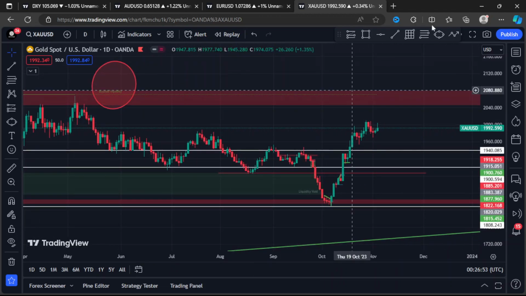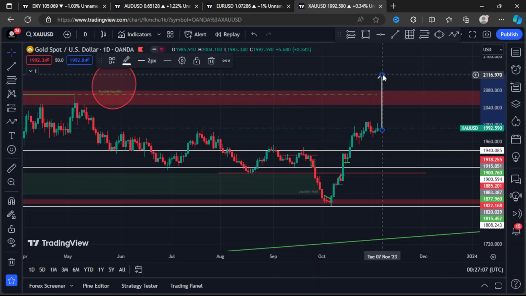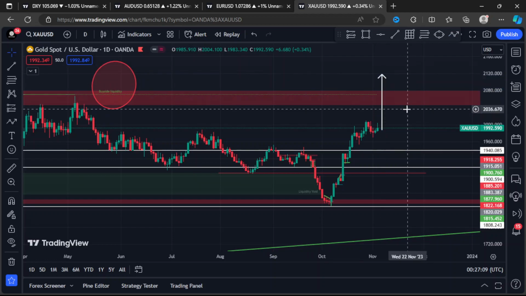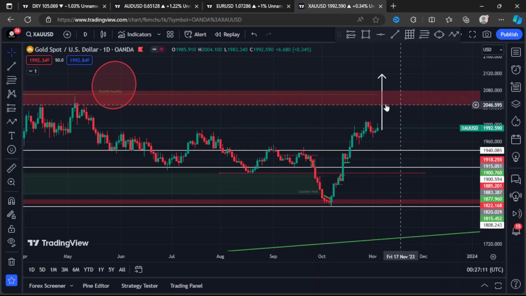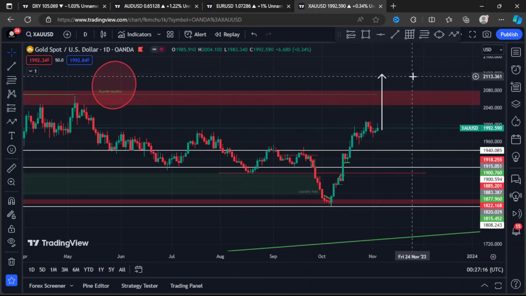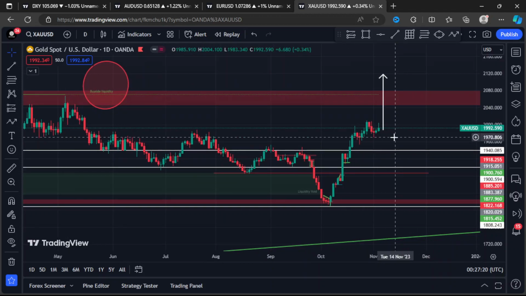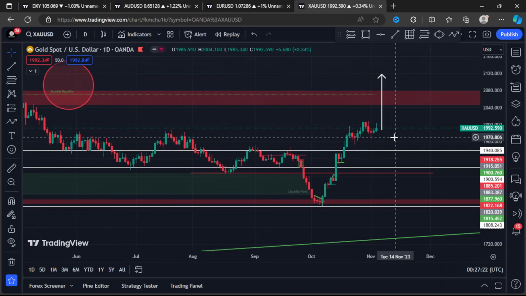So I believe price will be trading above to clear the liquidity from this zone. In order to clear liquidity, it is going to break this monthly resistance zone around 2040 to 2080. I believe price is going to break that zone, that is on the weekly time frame on gold.